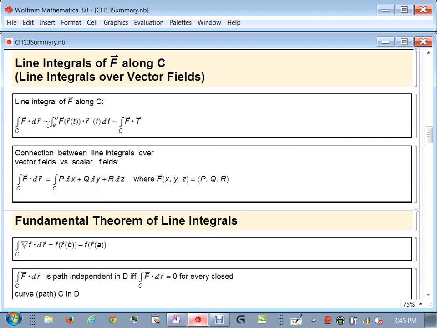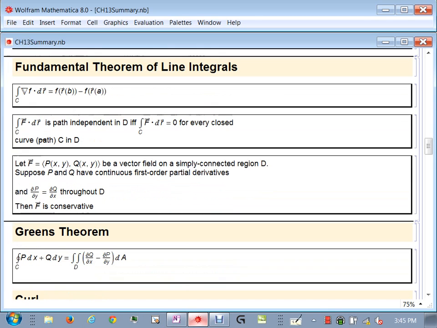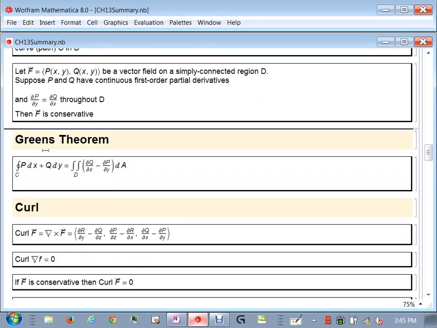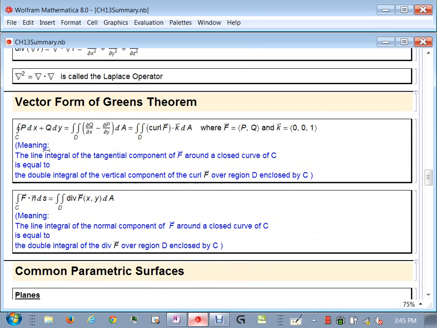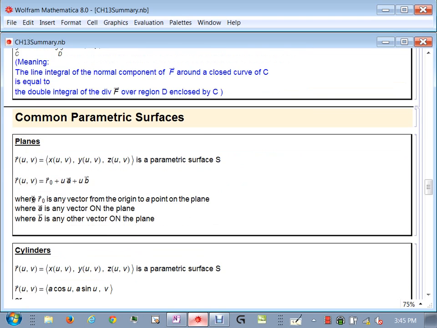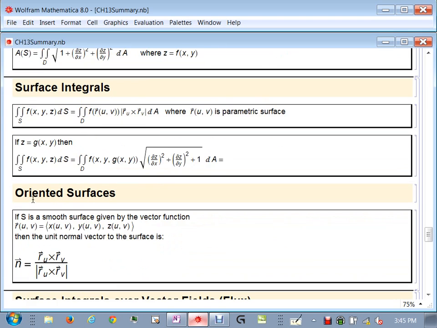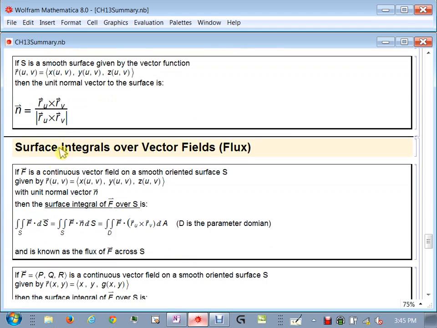Here it's dr, but r is a vector. Here we've got ds again. We've got a dot product in here. Here it's d capital S. Here it's d capital S with a vector. They all mean something. They all have a geometric meaning.